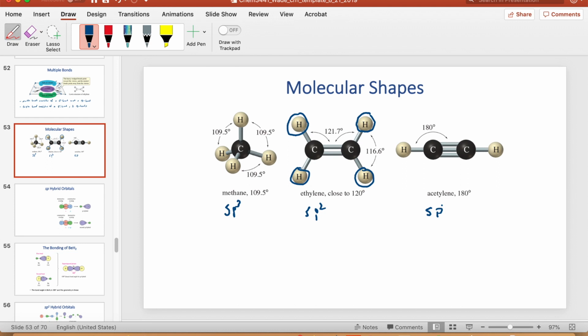We get what we call valence shell electron pair repulsion theory. This is VSEPR, which you should have covered in Gen Chem, and it explains our bond angles. The idea behind this is that we end up with what we call hybridized orbitals.